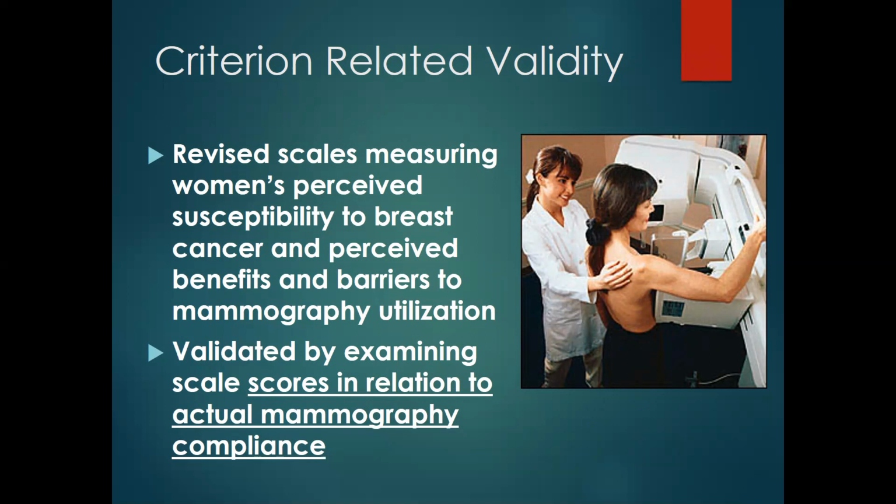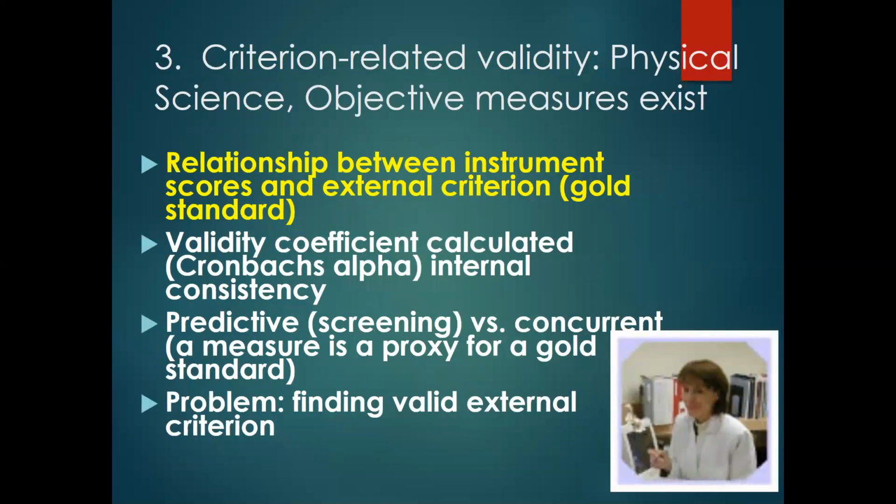So notice this is something that's very observable in the world, and they use the scales and related to that. And so using the mammograms as the gold standard, they looked at the person scores and related them to them. So in this case, it was predictive of the behavior of using the mammogram.